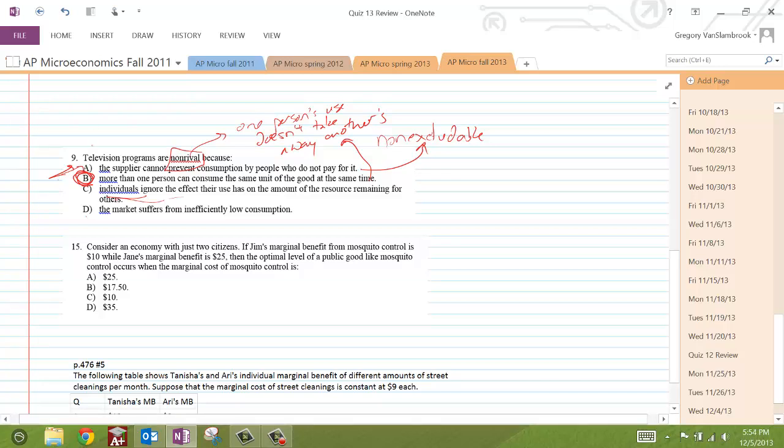By the way, this is a little bit of ancient history. It's getting to be ancient history, but it's why publicly available broadcast stations are highly regulated by the government in a way that basically allows them to exist. Because before the technology of cable came along, which allowed television stations to charge people for viewing their station or individual programs, they were broadcast over publicly available frequencies, and therefore they were basically both non-rival and non-excludable.